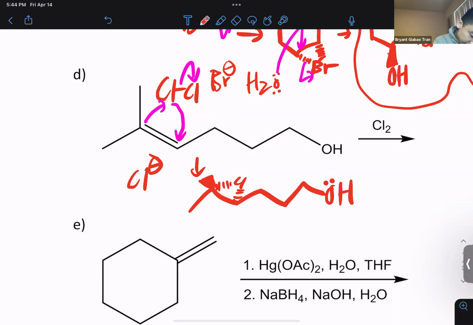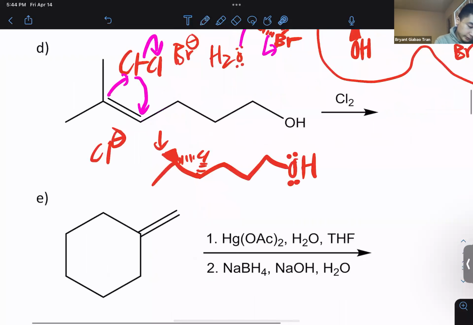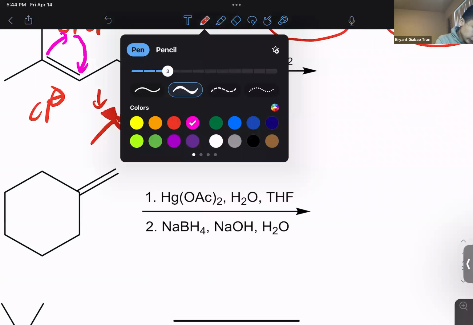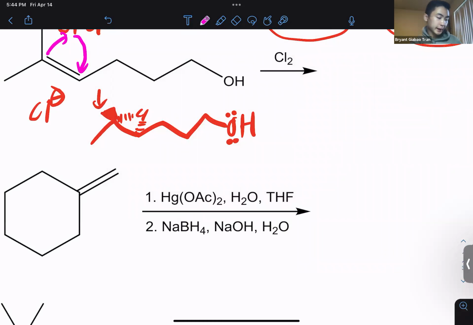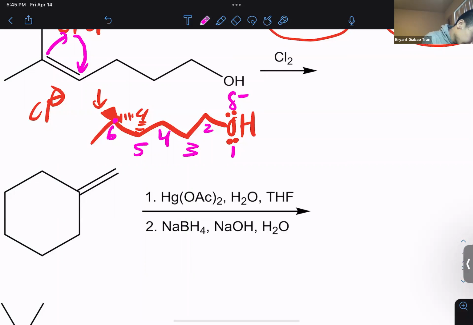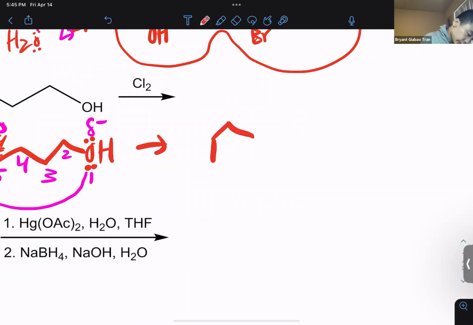And we also have this alcohol group here, where this oxygen with the 2 lots of electrons can have a partial negative charge and act as a nucleophile. And we see that we could form a 6-membered ring. Here, 1, 2, 3, 4, 5, 6, because this 6 carbon here is electrophilic since it's bonded to an electronegative atom, chlorine. So this oxygen here can attack that 6th atom, kick out the chlorine on the other side. Now we know we have a 6-membered ring here, where the first atom is the oxygen atom.